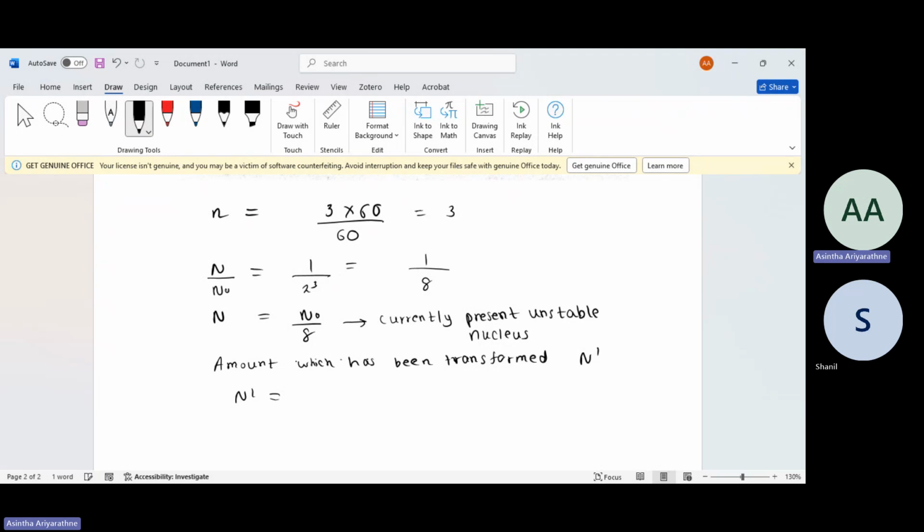N dash is N naught over 8. Right? Initially there were N naught amount. Now there is only N naught over 8. So the amount which has been transformed is N naught minus N naught over 8, which is 7 N naught over 8.